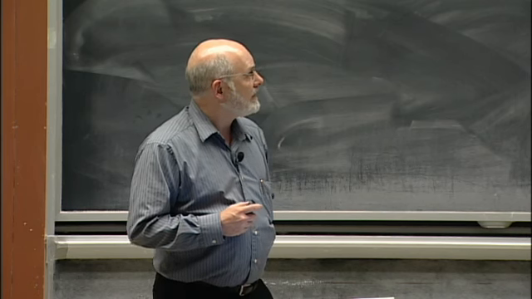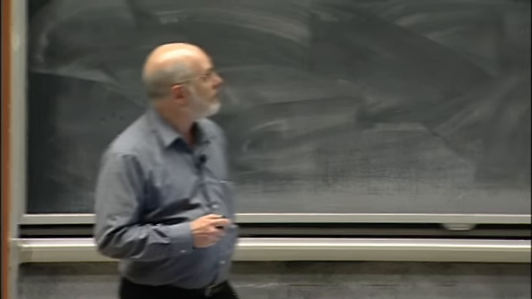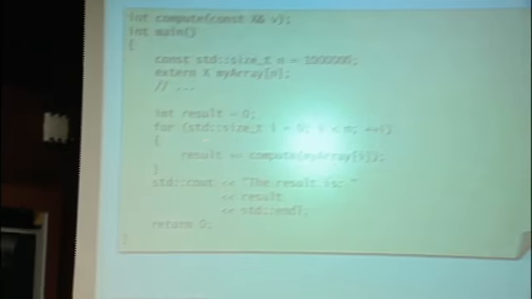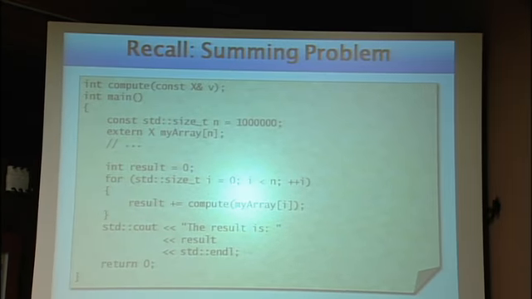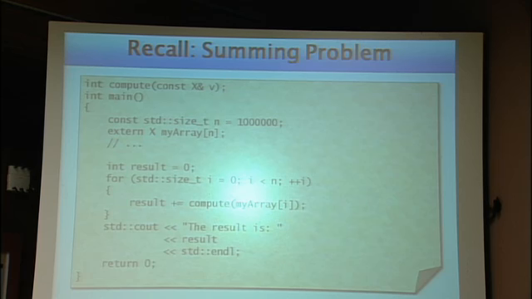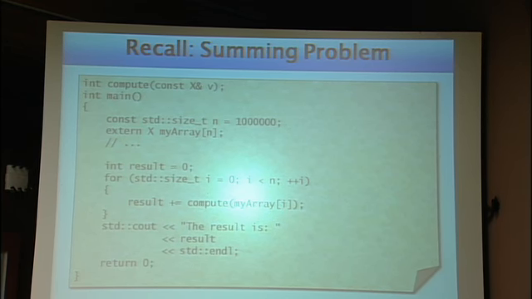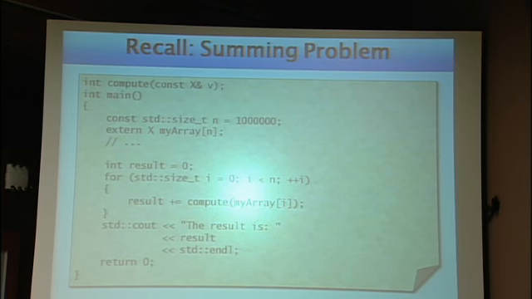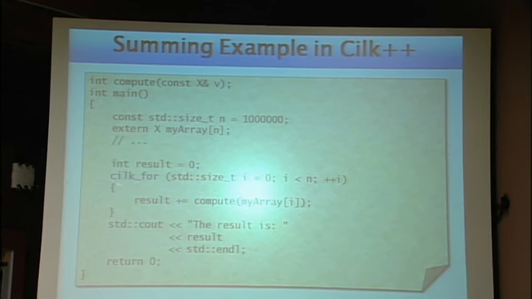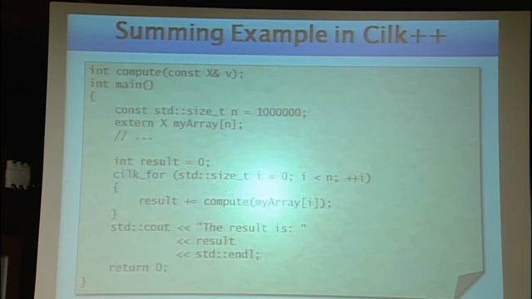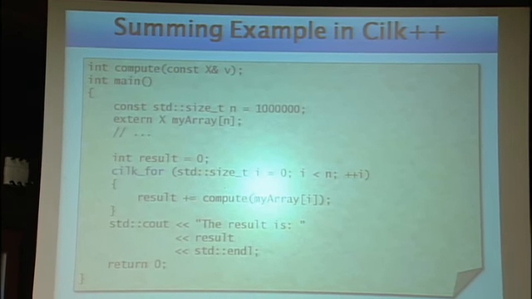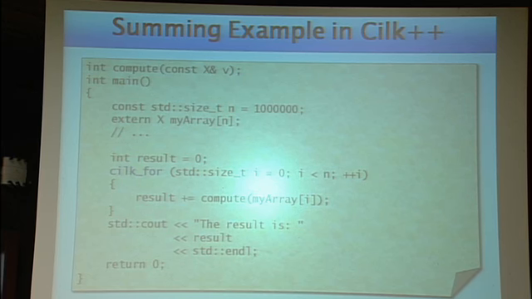So recall the summing problem from last time. Here we have an array, and what we're going to do is run through all the elements of the array, computing something on every element and adding it into result. And we wanted to parallelize that. So we parallelized that with a cilk_for. And what was the problem when we parallelized this? We get a race.